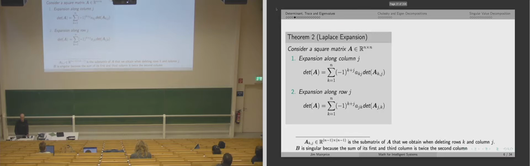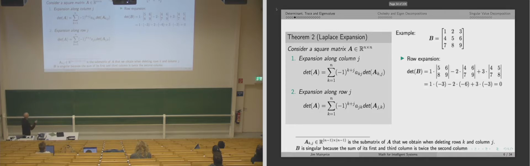So equivalently to the Sarrus rule, we can use the Laplace expansion, which is a way to calculate the determinant. This is a little bit tricky to see here, but the basic way it works, if we have an example here with a matrix, we have two ways of doing it. Let's look at the row expansion way.